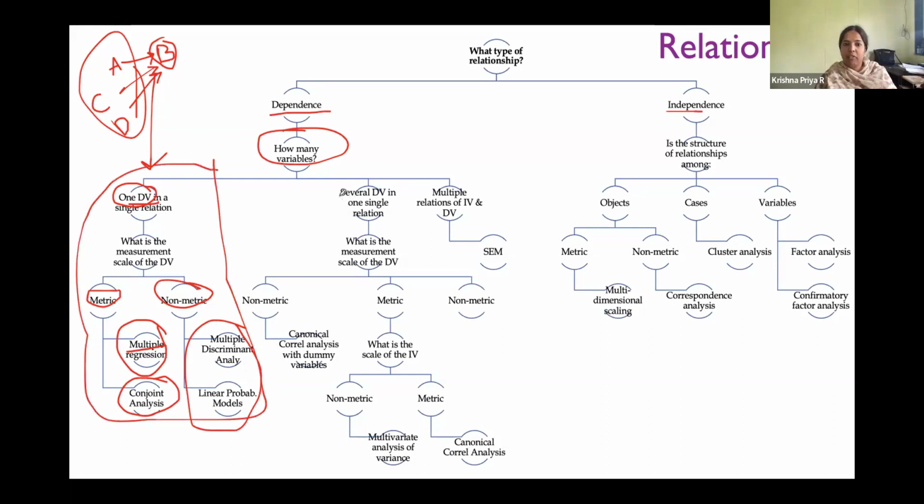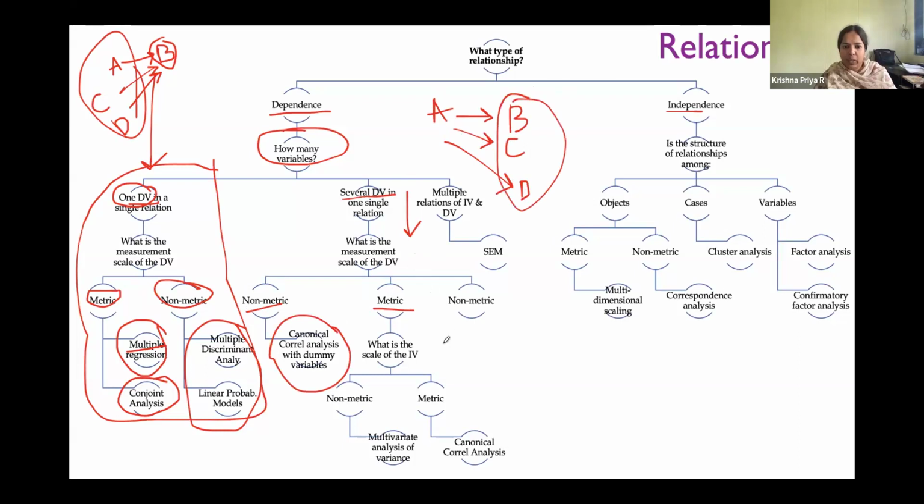But if there are several dependent variables, that is, there is an independent variable and there are multiple dependent variables, in that case we go this way. Again, we answer whether it's non-metric or metric. If it's non-metric, then there is canonical correlation analysis, which helps you process non-metric data with multiple dependent variables.